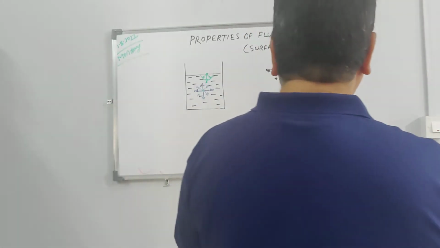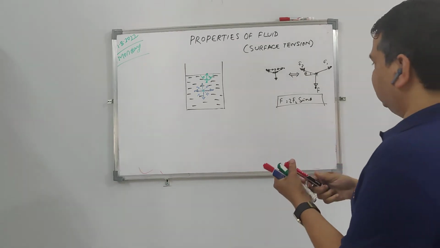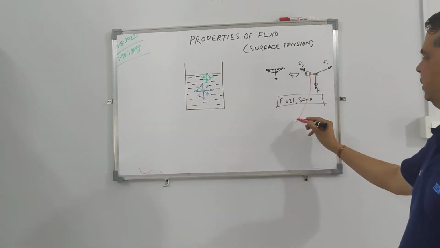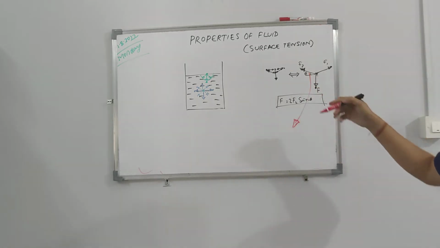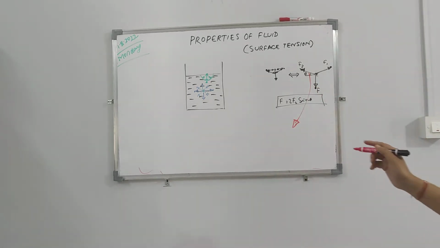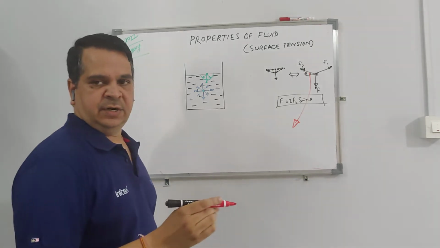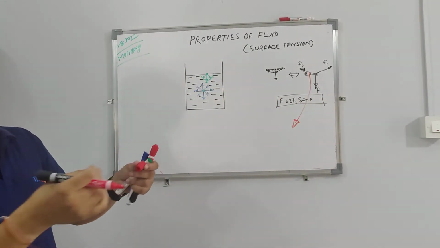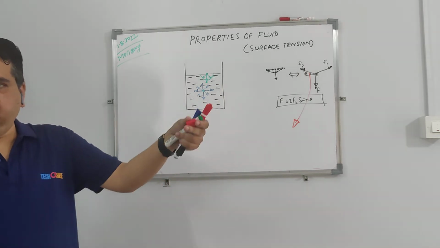But the surface molecule is in this kind of situation, with three forces acting on it. In the balanced condition, because forces are acting like this, the surface will behave like a stretched membrane. Understood?